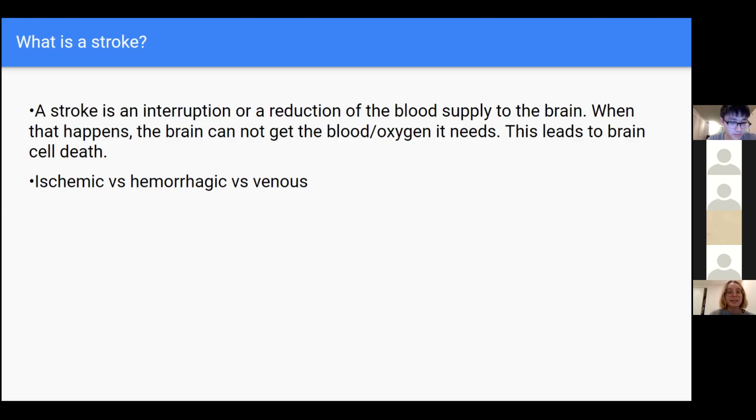When the person is bleeding from mostly an artery, but it can also be from a vein, the patient is losing the blood that was supposed to go further on, and the part of the brain that is missing the blood cannot get the oxygen that it needs. And there's also a venous type of stroke that we'll see later briefly, which has a bit of the ischemic and hemorrhagic signs or symptoms.